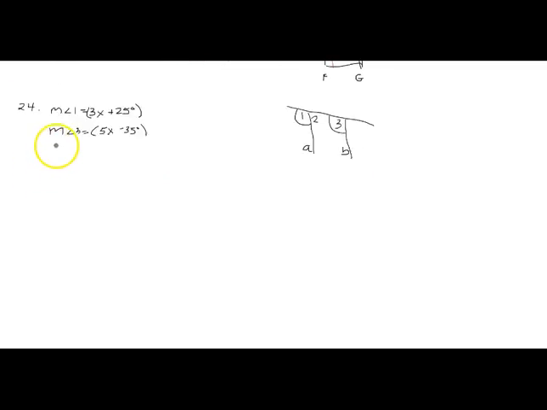Problem 24. We're asked to determine if lines A and B from the drawing are parallel. They give us the measure of angle 1 right here and the measure of angle 3, which I have denoted right here. And one of the things that you can see is you have a transversal.